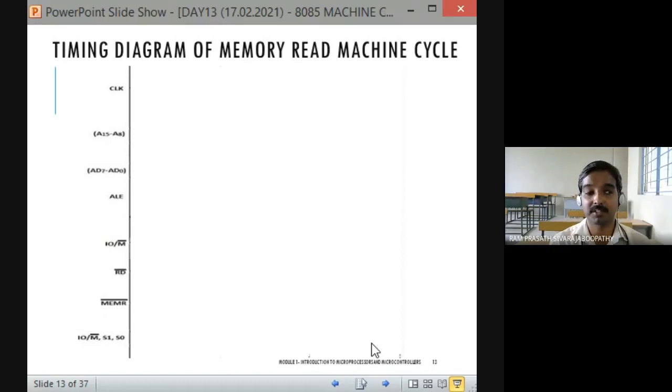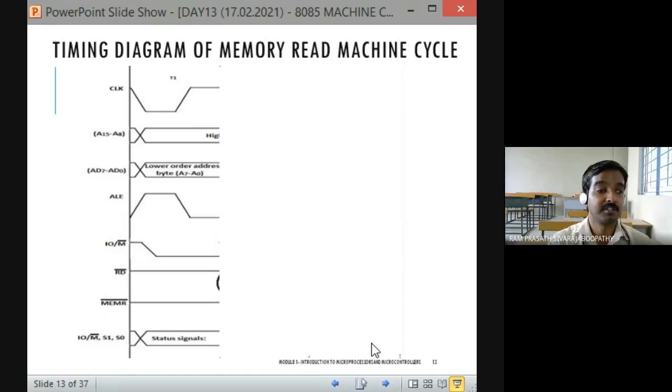So during the first T state, the higher byte of the address is sent through A15 to A8, and the lower byte of the address is sent through AD7 to AD0. ALE is enabled. It is a memory related operation, so IO/M bar is low. The read bar is still not active.